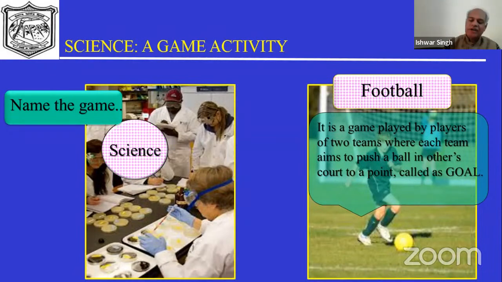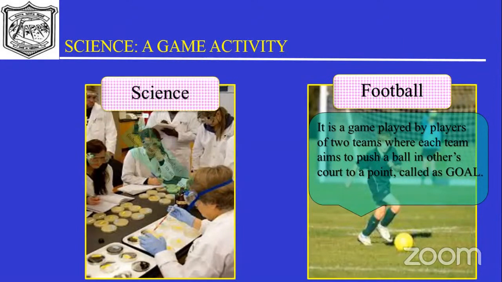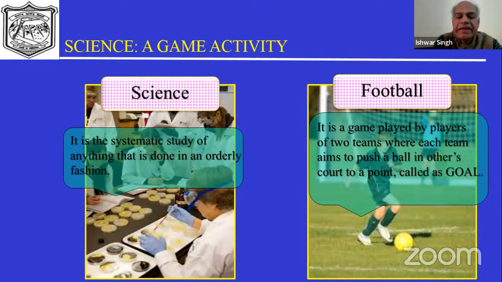So whatever you have said is right. What we are doing in the science activity is studying anything in some orderly fashion. Just like the game of football we described, football has some ultimate aim, some objective.